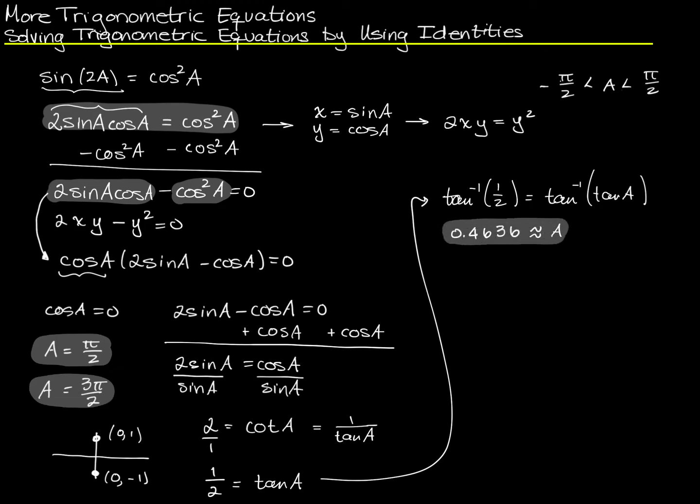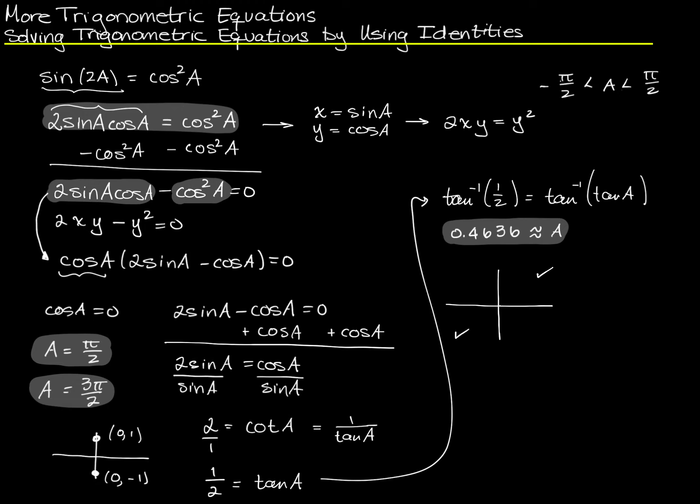So now notice that I have one solution here, one solution here, and I have a third solution here, but I don't know if that's the only other solution. I don't have an exact value for this angle, but I don't really need one. I just need to find an angle whose tangent is 1/2. So I'm going to draw my coordinates. Notice that the 1/2 is positive. Tangent is positive in quadrant 1 and quadrant 3.